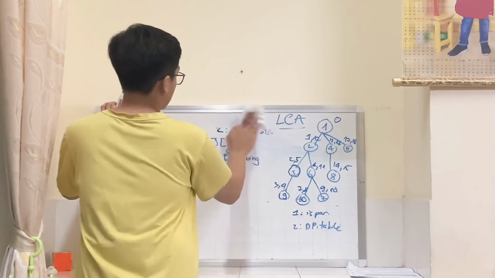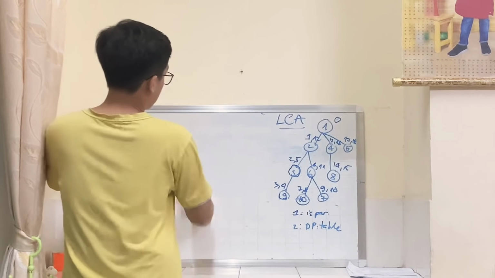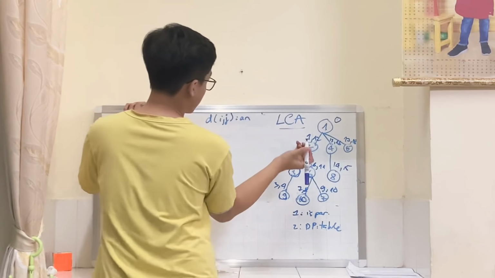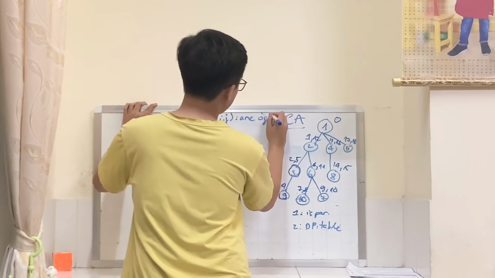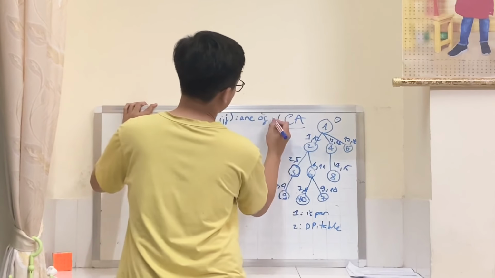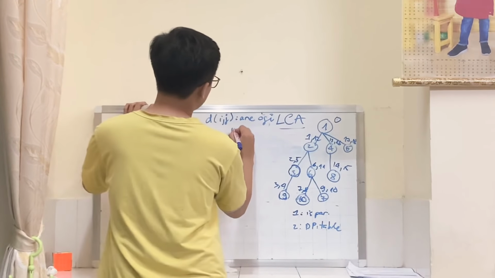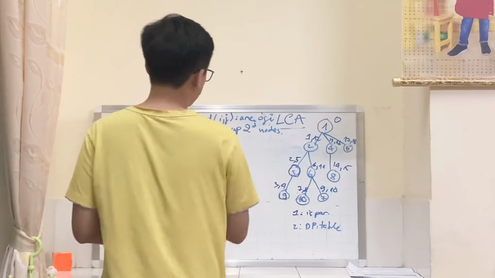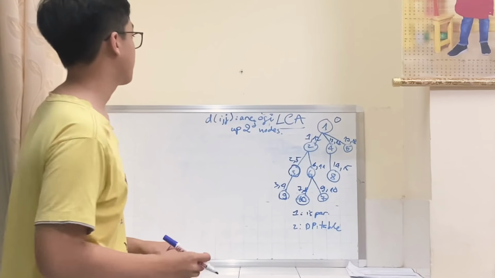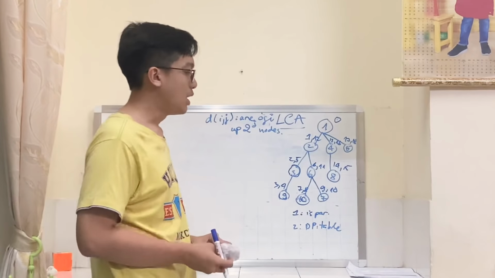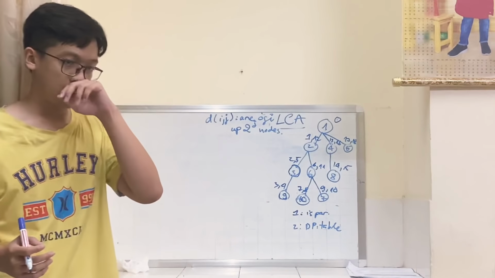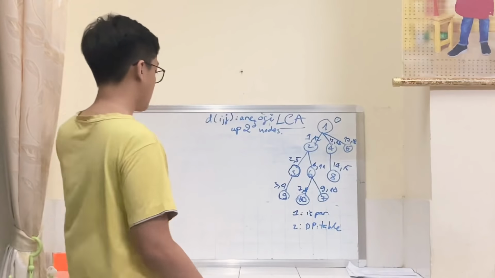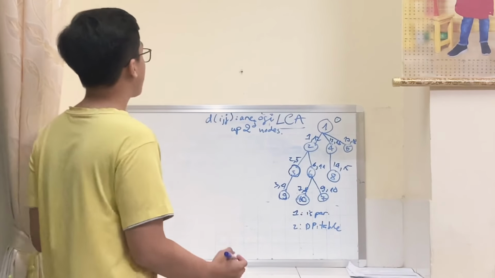Here, D[i][j] is the ancestor of i by moving up 2 to the power of 3 nodes. I'll show you how to use dynamic programming to calculate this table, because when you have this table, I will show you how to find the LCA as fast as possible.